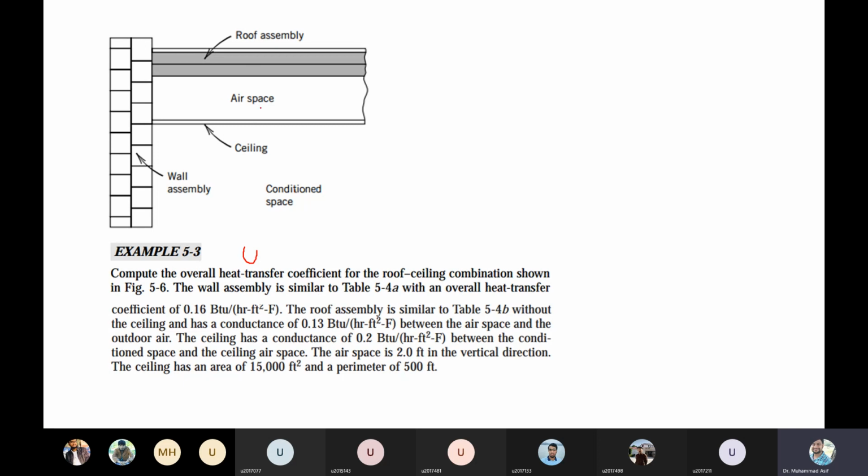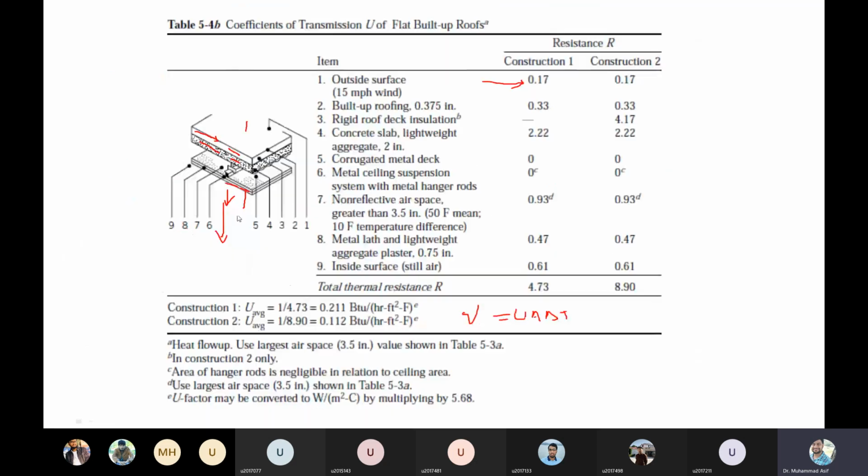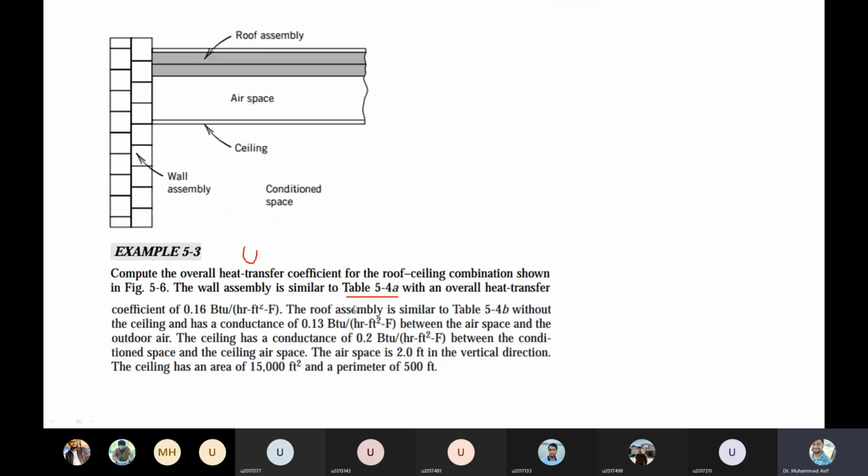There is a space between the roof and the ceiling, as shown in the figure. And this is a wall. The wall assembly is similar to Table 5-4A, which I showed you in the previous case. This wall is similar to Table 5-4A with an overall heat transfer coefficient.